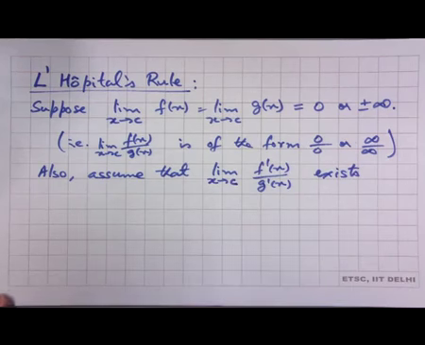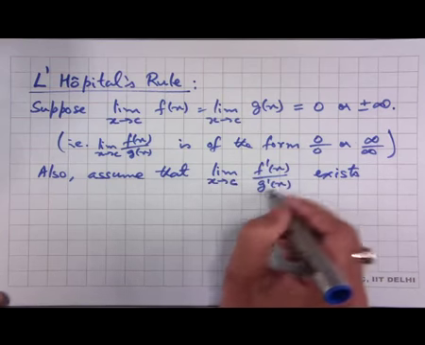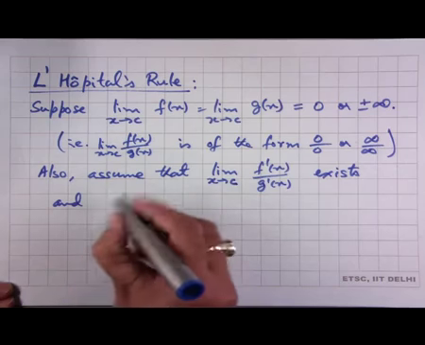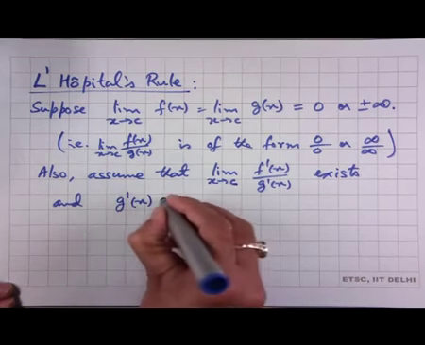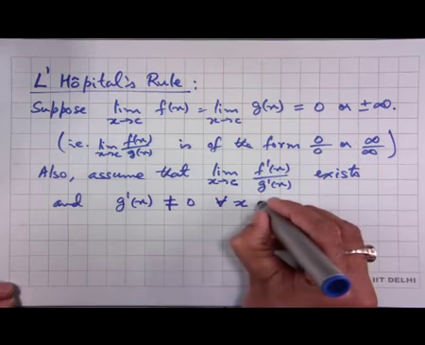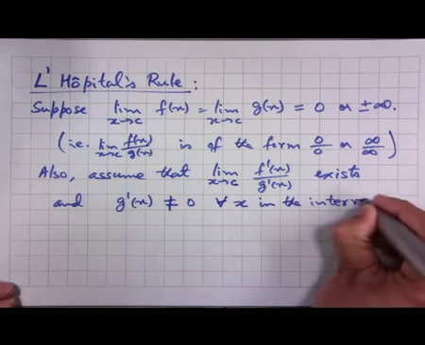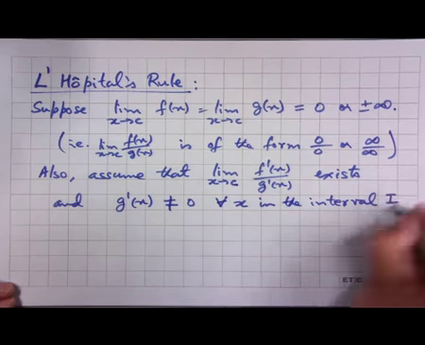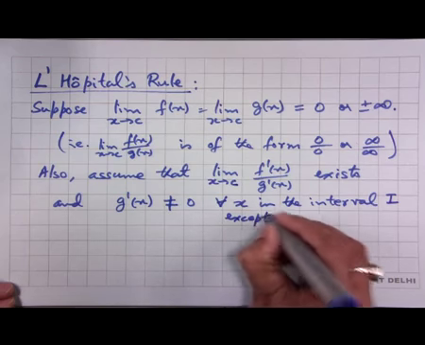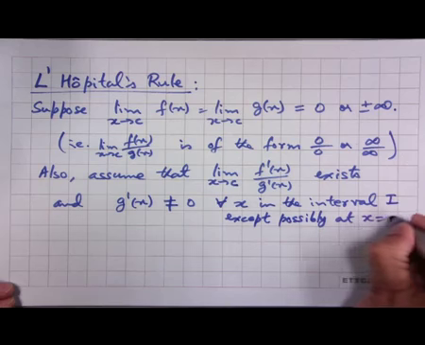So, suppose we somehow know that the limit of the ratio of the derivatives of these functions f and g as x approaches c exists, and we have that g prime x is non-zero for all x in the interval I except possibly at x equal to c.